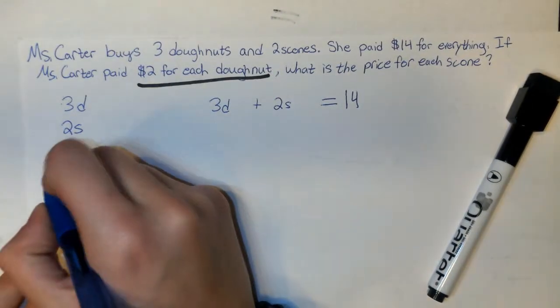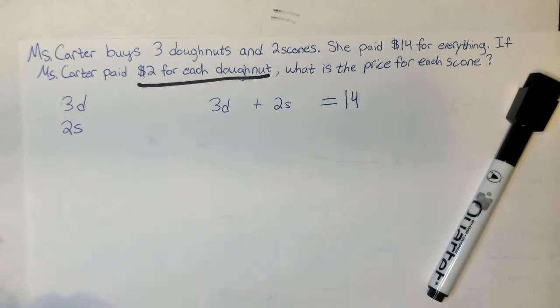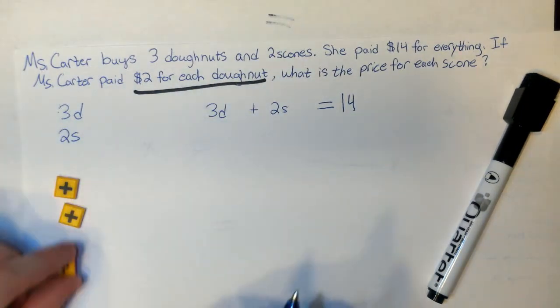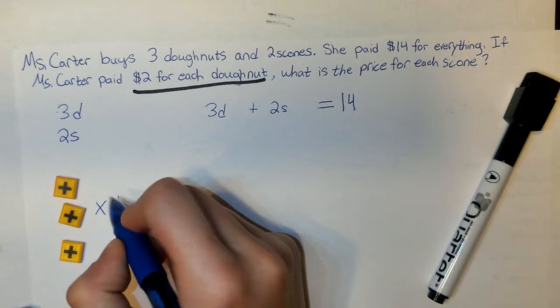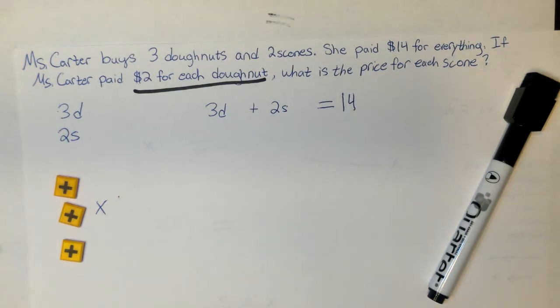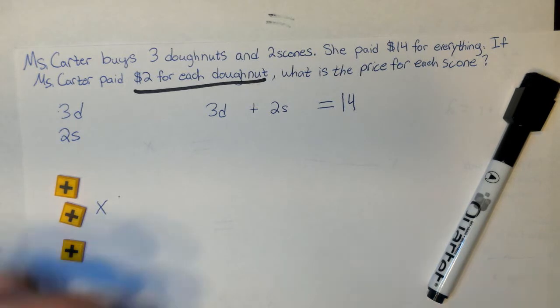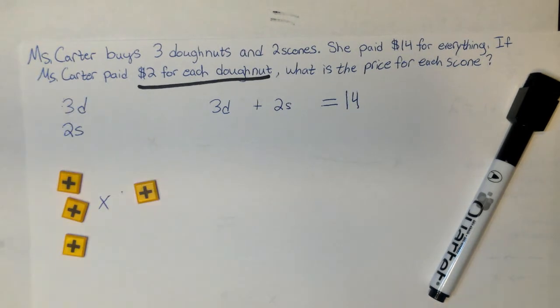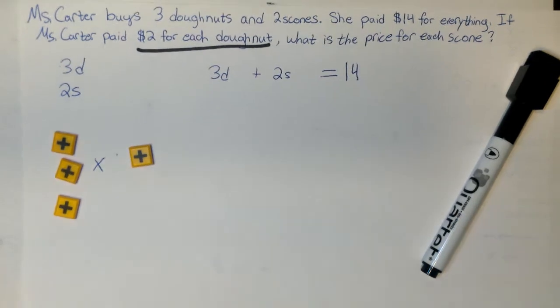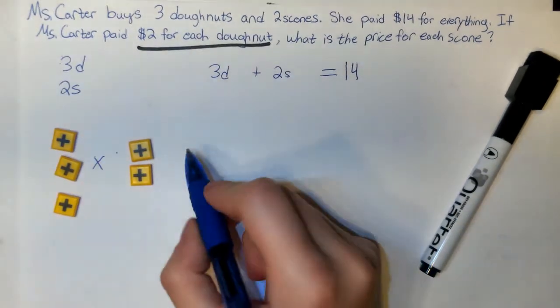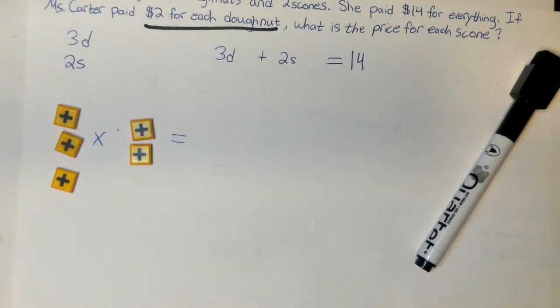So we know that 3 times 2 is equal to 6.